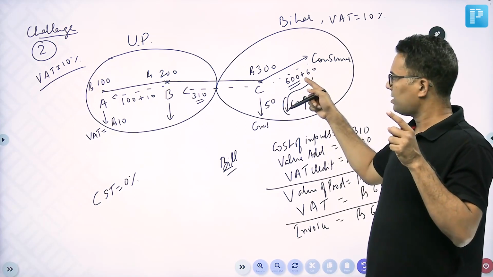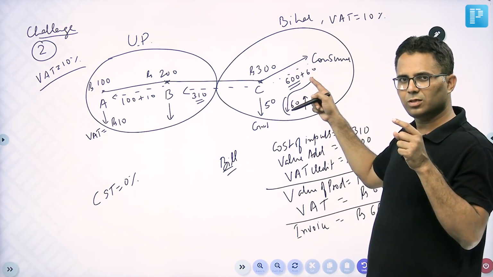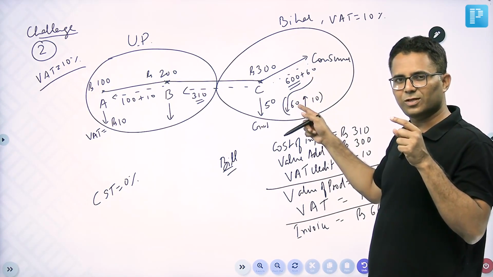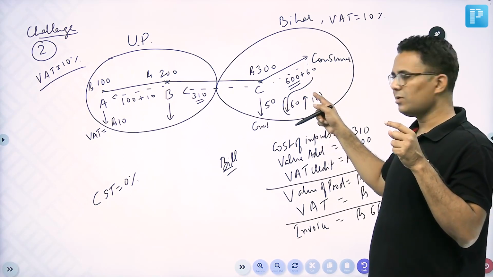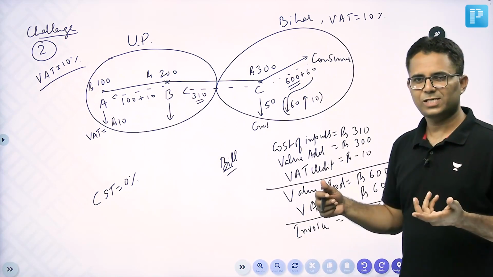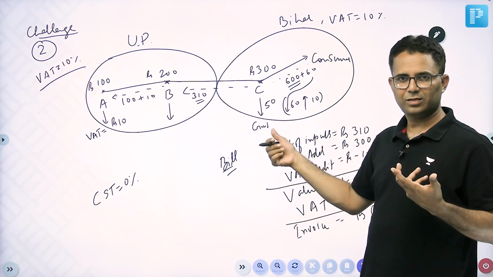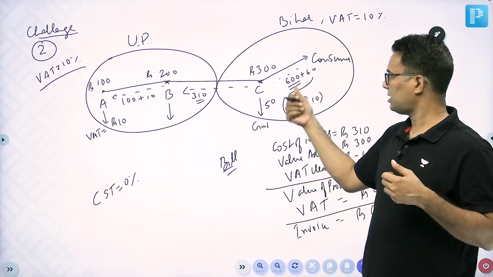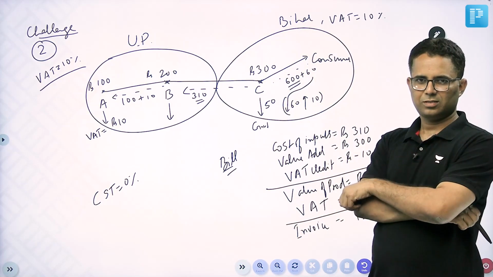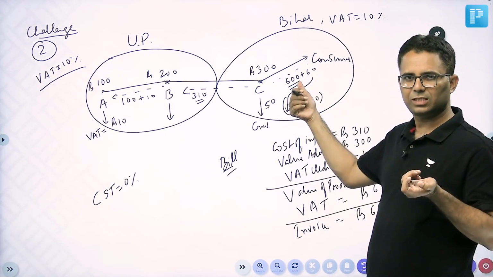C will collect tax on the total value from the consumer, and the government will get the total VAT on the total value. It will reimburse only what has been deposited. So ultimately, the government is getting tax on the total value 600, which is basically 60, that is 50 plus 10.